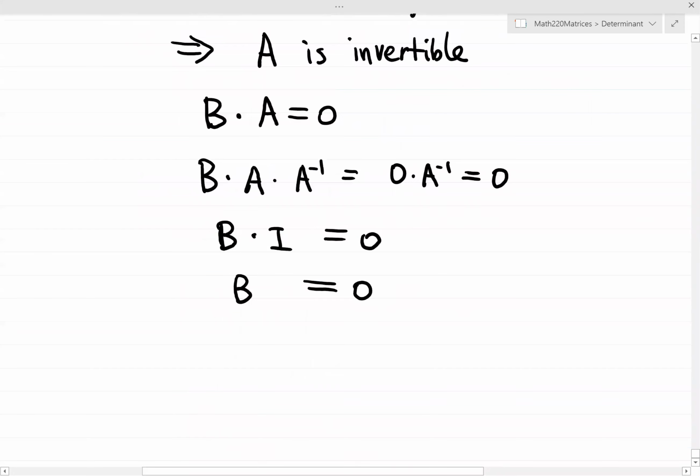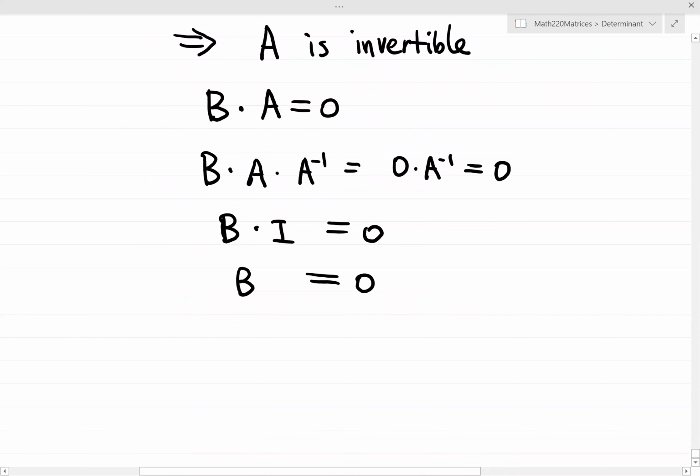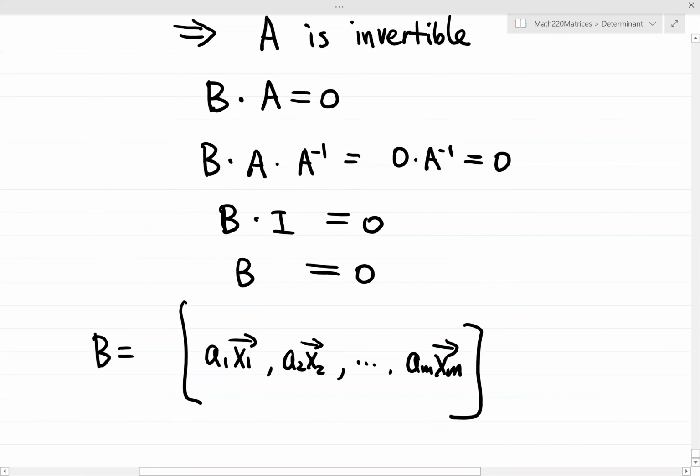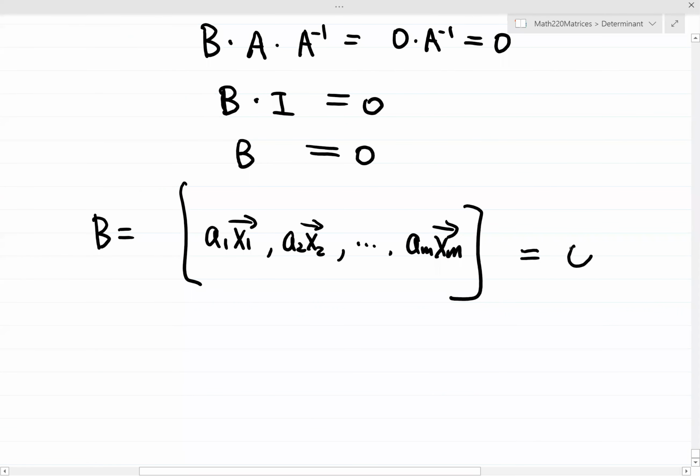Now the eigenvectors are non-zero. Remember B is the matrix with columns a1 x1, a2 x2, up to am xm. Each eigenvector is non-zero by definition. So this 0 matrix is only possible if a1 is 0, a2 is 0, up to am equal to 0.